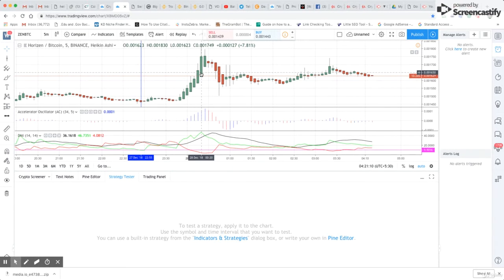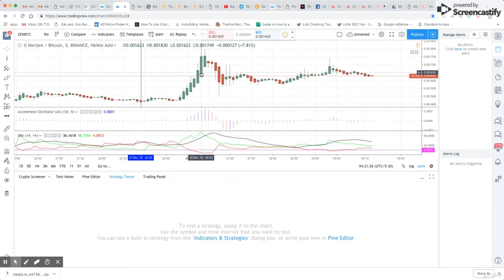Normally I go with only 2 or 2.5%, so I can do multiple trades throughout the day. This is the overview of the strategy. This is how we enter and how we exit.